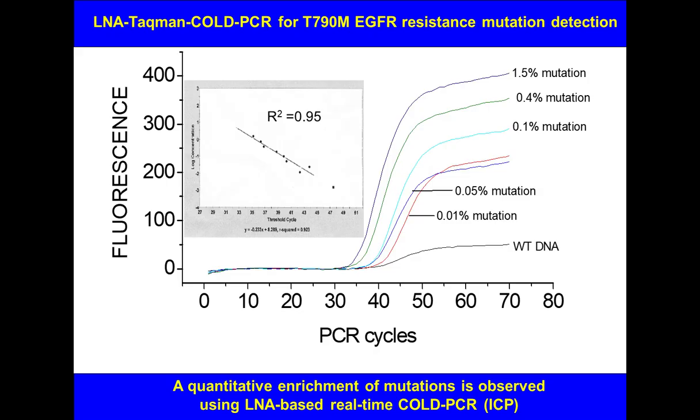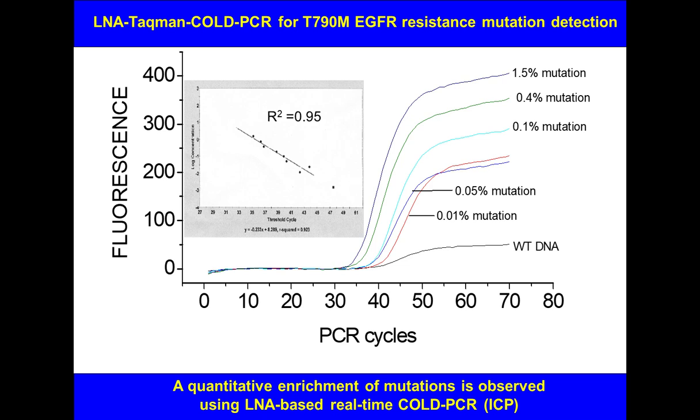And here is a combination of the ICE-COLD-PCR, the LNA-based PCR, and TaqMan at the same time. Again, showing essentially the same thing. On one hand, that you can detect down to 0.01% mutation, depending also on which mutation, of course.